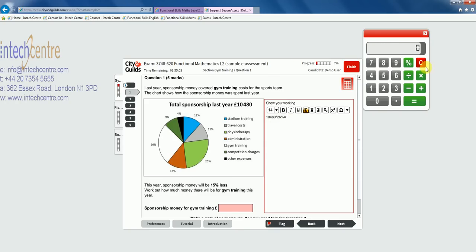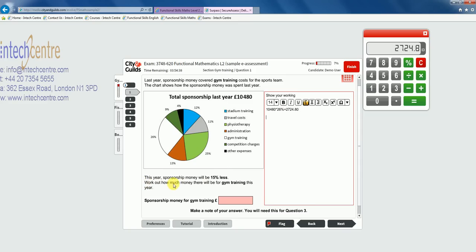And so let's do 10,480 times 26%. This gives us £2,724.80. Remember that you're working with money. Okay, so that's the first step done. So that's the gym training cost for the sponsorship last year.